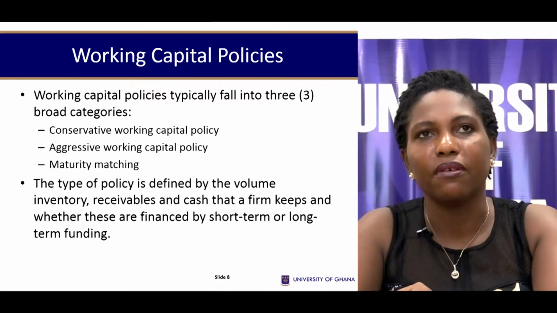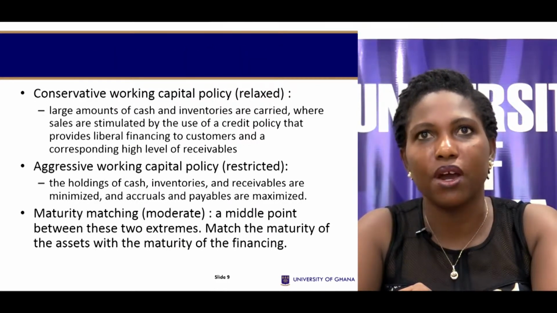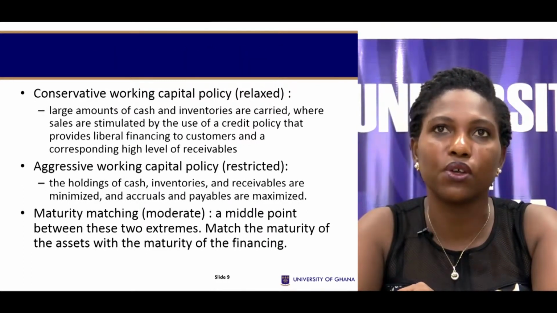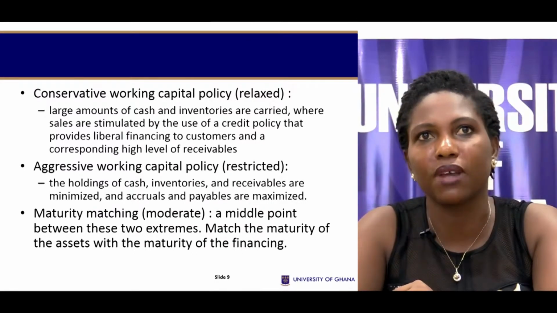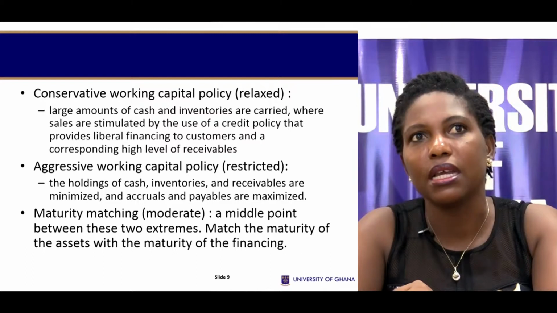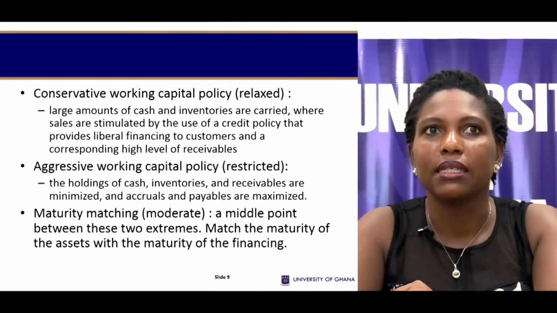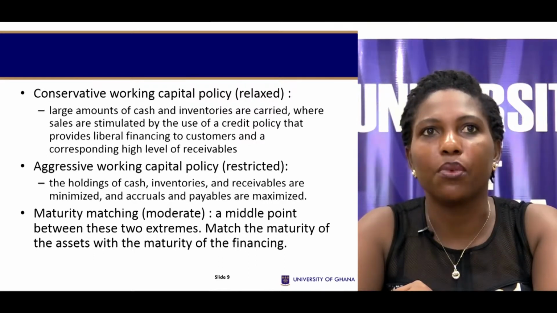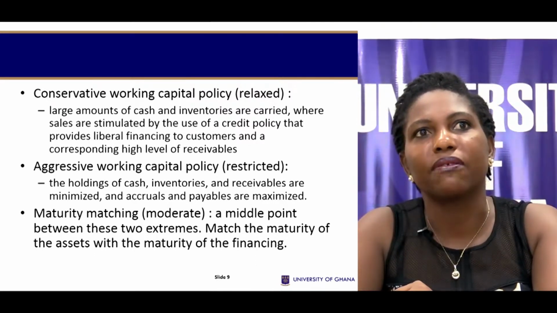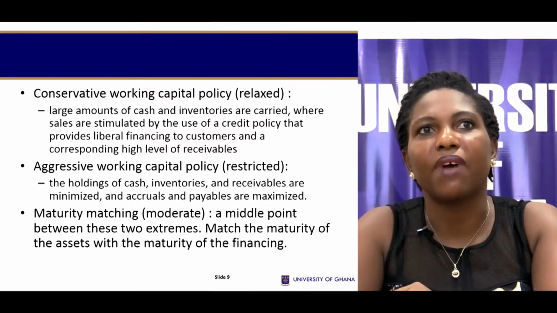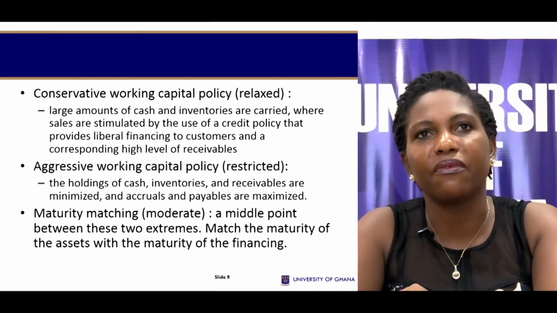or long-term funding. So as we've already discussed, the conservative is also sometimes referred to as a relaxed policy. They keep large amounts of cash and inventories, and sales is stimulated using credit, so they have significant receivables, and so then they seek to finance that using long-term funding.